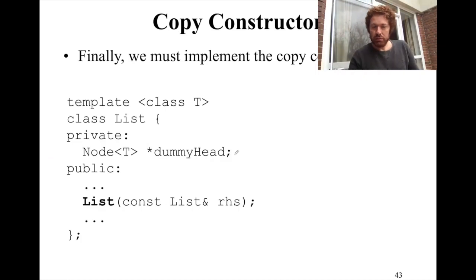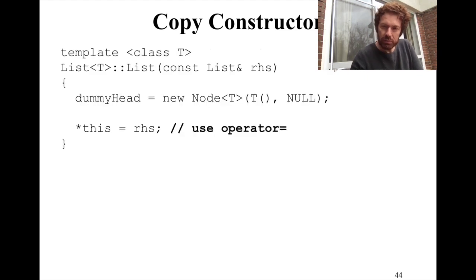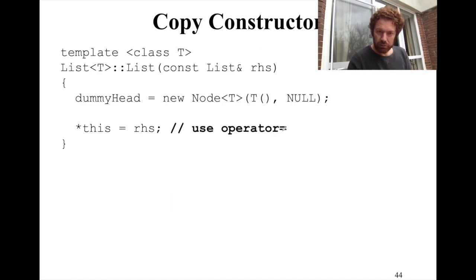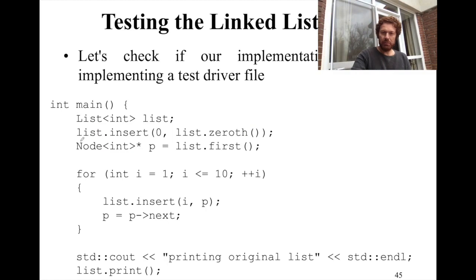And so the copy constructor, again we have studied this when discussing C++. It is basically a constructor that expects another list as its argument, and it will be using the assignment operator that I have just implemented.